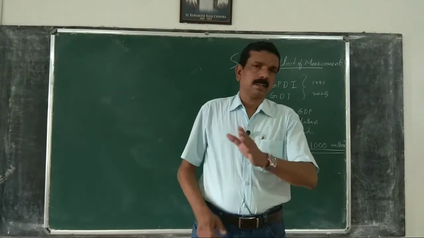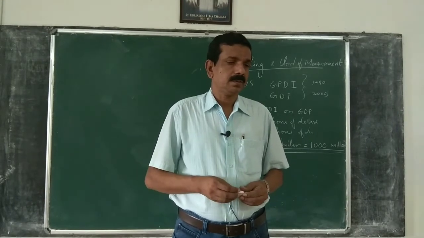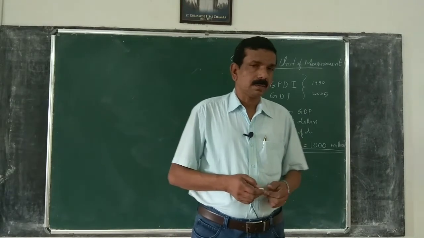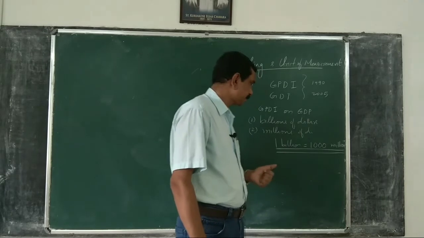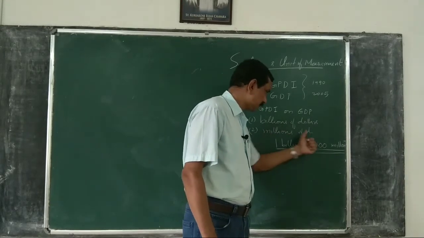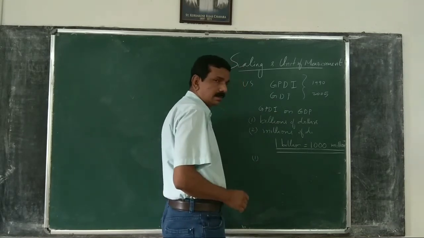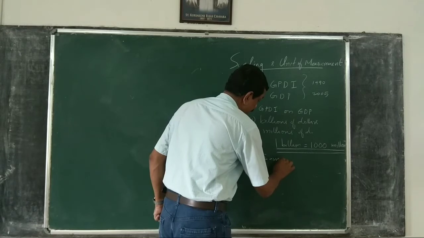Now let us see what are some of the issues associated with the unit of measurement. One issue is, if one researcher is using this data, another one is using this data, will the regression line be the same in both cases?